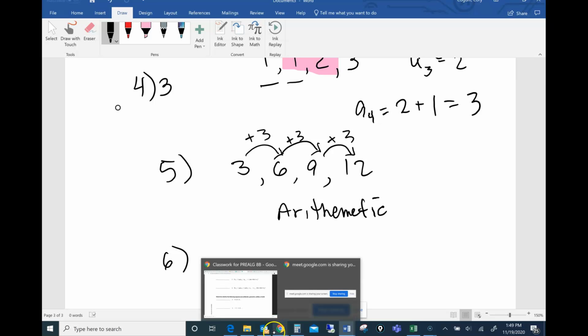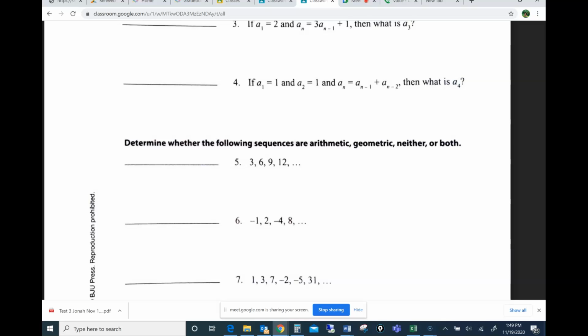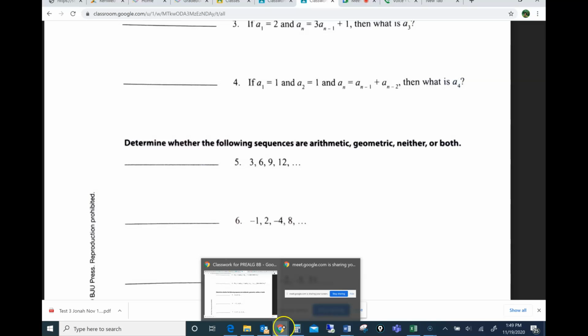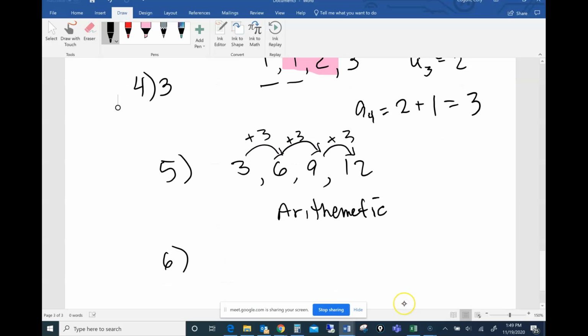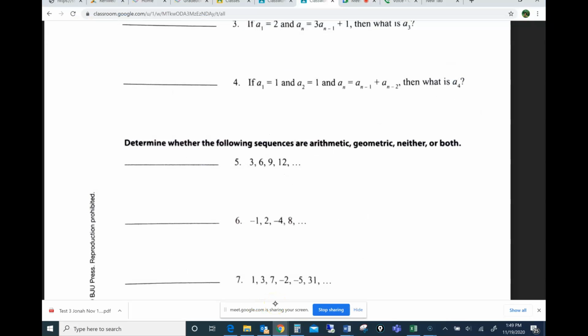Number 6 is negative 1, 2, 4, 8. And then the signs are alternating. They didn't ask you to define the common difference or the common ratio. But we could. Let's just make sure I get this right.